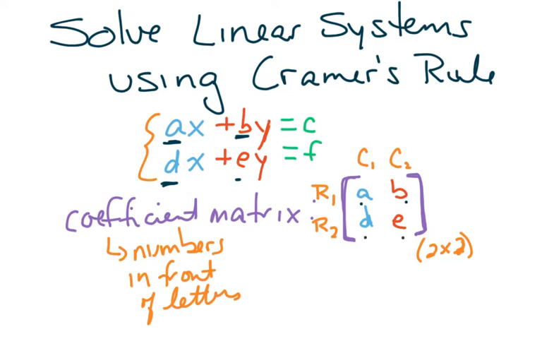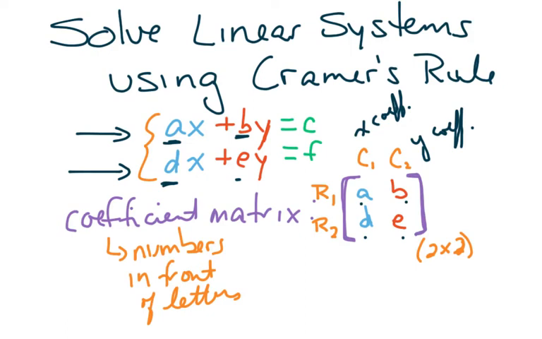So the first column are my x coefficients, and the second column are my y coefficients. Row 1 represents the first equation here, and row 2 represents the second equation. So that's how we're setting this up.